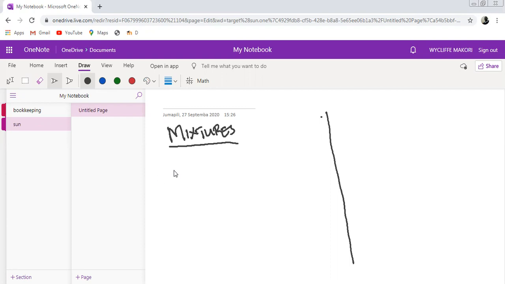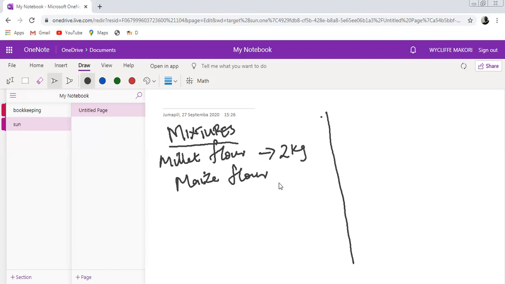Think of a scenario whereby we are mixing maybe the millet flour and the maize flour. In our mixture, we are going to have both of them contained in one container. So we can say we mix 2 kgs of millet flour and 3 kgs of maize flour.